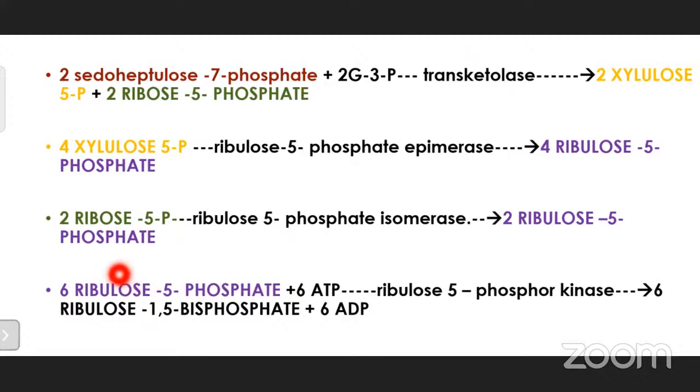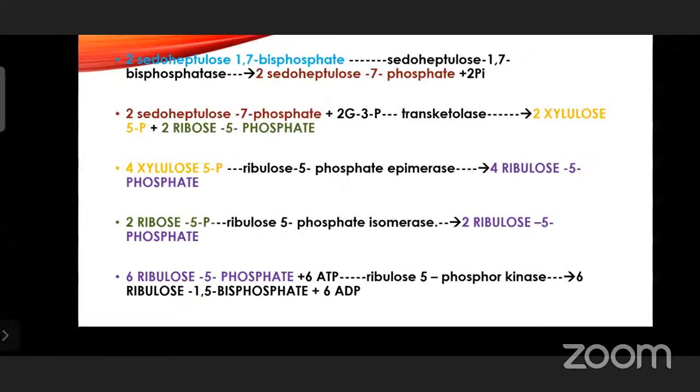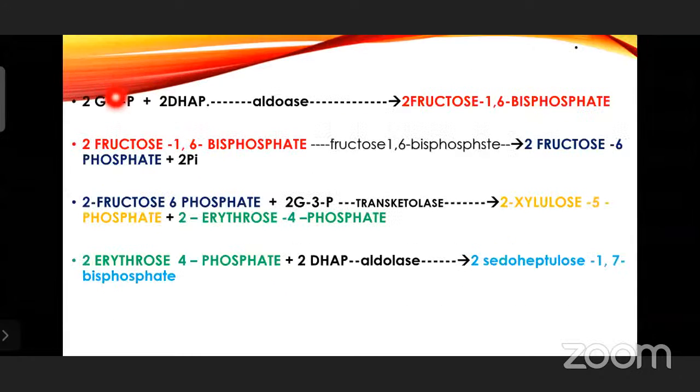How this RuBP has been regenerated, you can get back to the previous part here. Glyceraldehyde 3 phosphate, DHAP. 2 glyceraldehyde 3 phosphate, 2 DHAP. And here you can see other 2 G3P. 2 plus 2, 4 G3P. 2 DHAP and 2 DHAP, 4 DHAP.